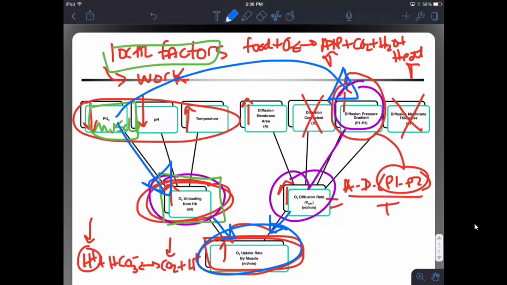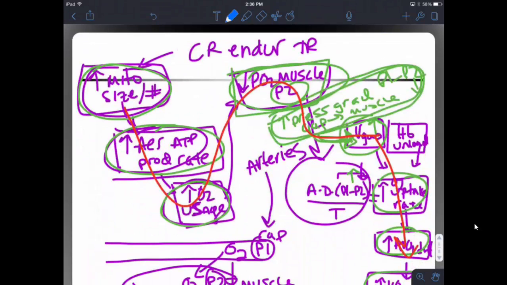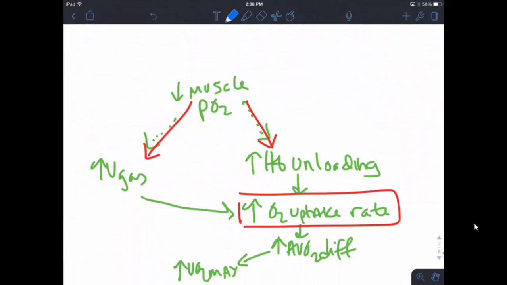Alright, so we have one more to talk about. So that was mitochondrial size and number. The last one that's going to come off the top here is an increased oxidative enzyme activity rate.